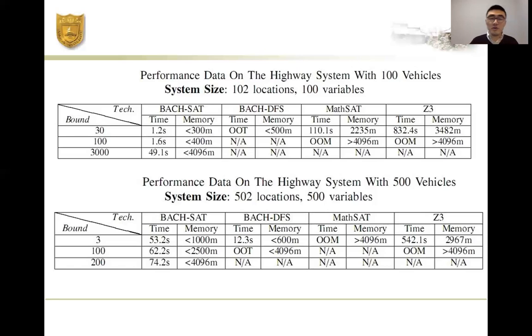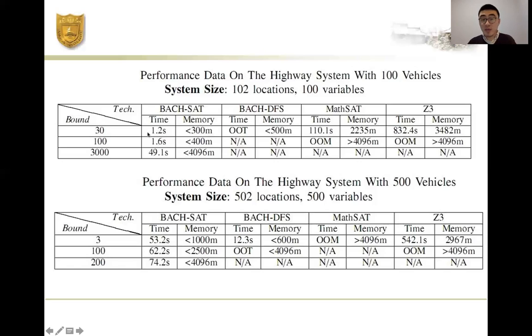With bound 30, MathSAT and Z3 can still solve it, but the time is already large. Once we enlarge the bound from 30 to 100, DFS is out of time, and MathSAT and Z3 are out of memory because there are too many paths. The problem is too large.